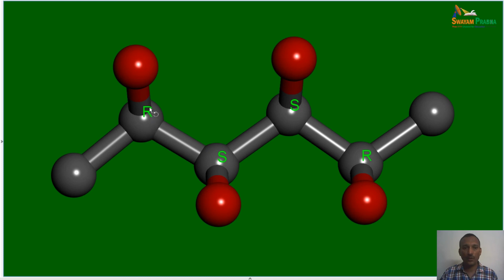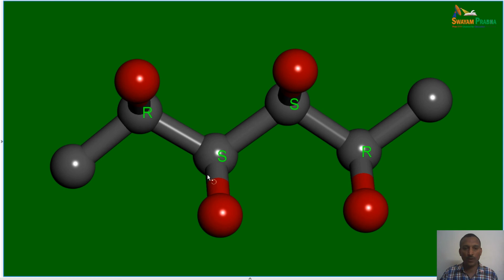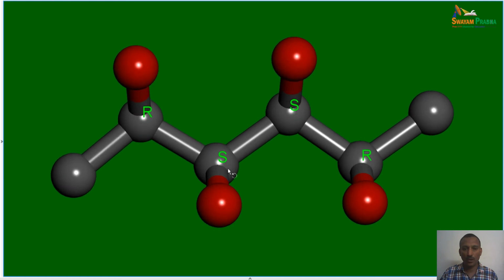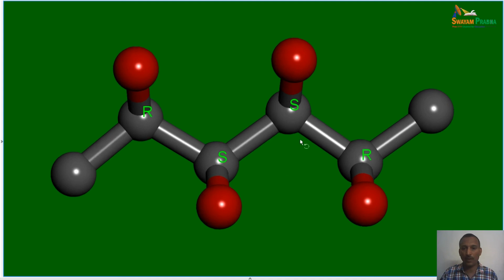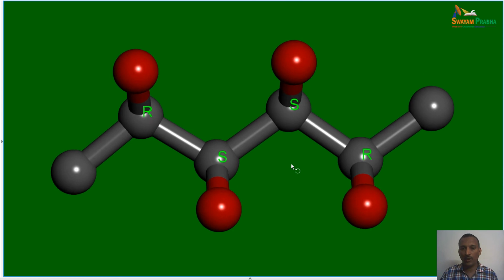This hydroxyl is pointing towards the observer, and this hydroxyl is also pointing towards the observer, and in this case also, and in this one. So in all the cases the hydroxyl group is pointing towards the observer. So this is nothing but the cis arrangement.